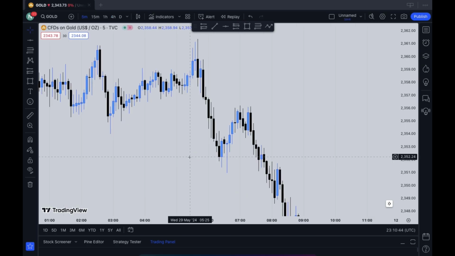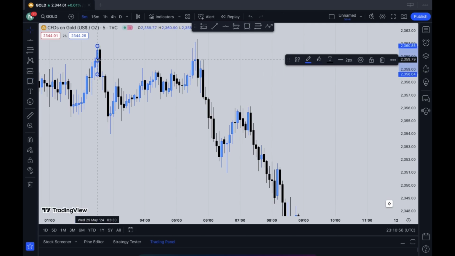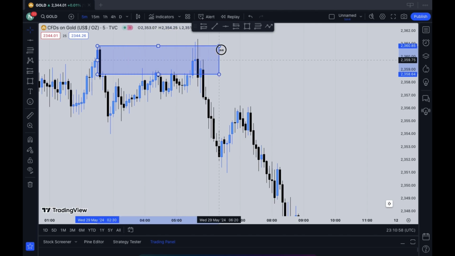So we'll be taking these examples on the gold charts, but you can also find it in forex or crypto pairs as well. So right here you can find that this is our bearish order block, right? The one that comes before the little aggressive move to the downside.